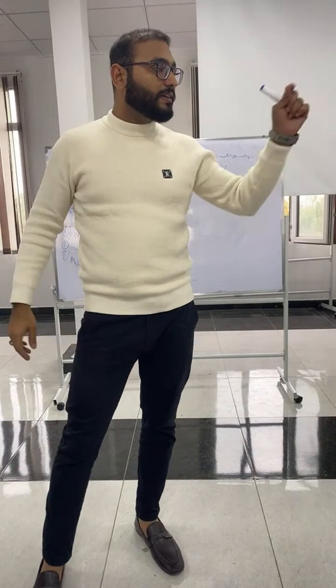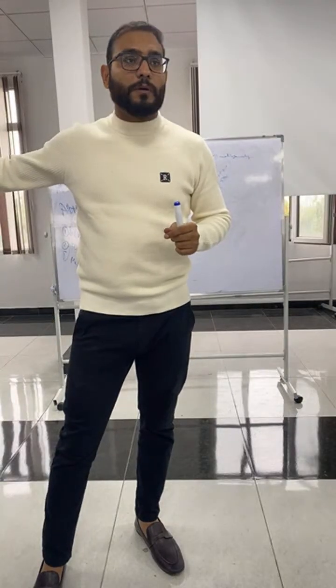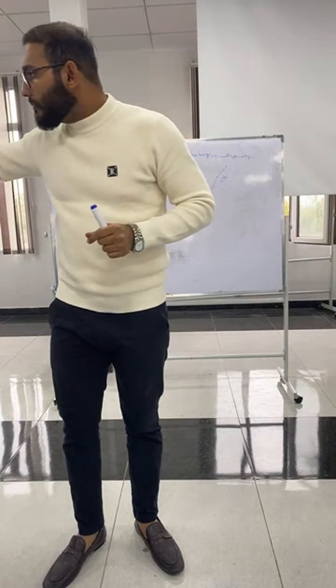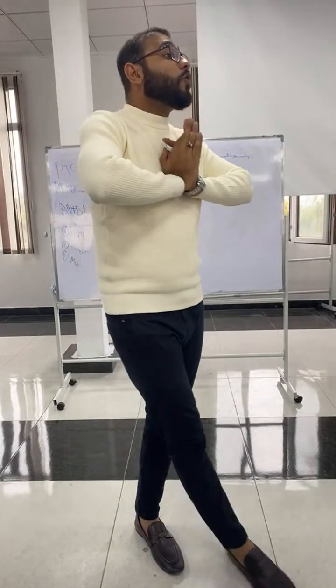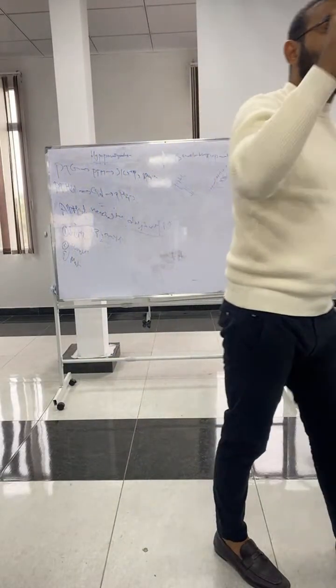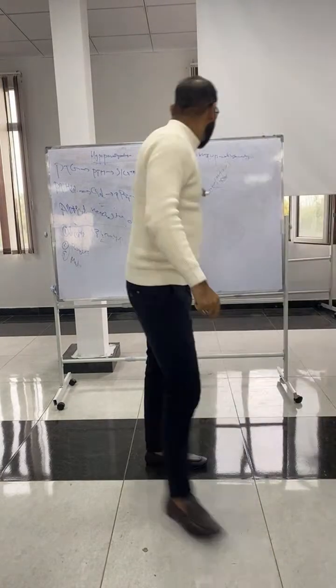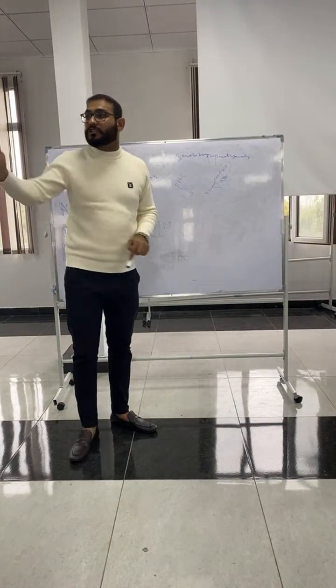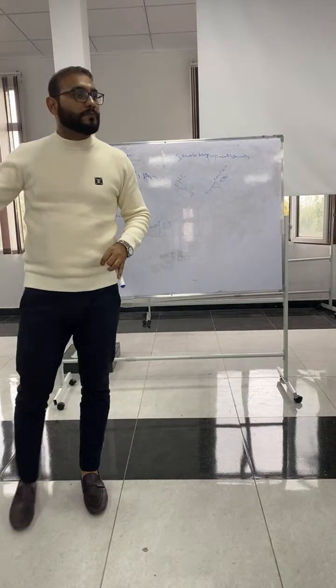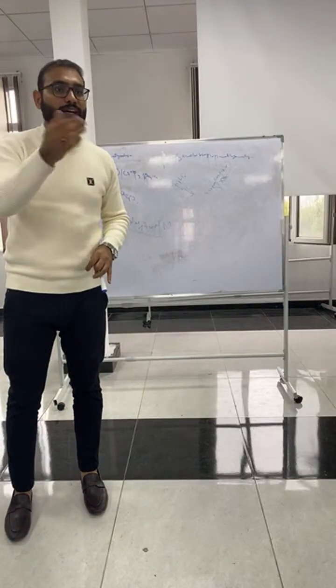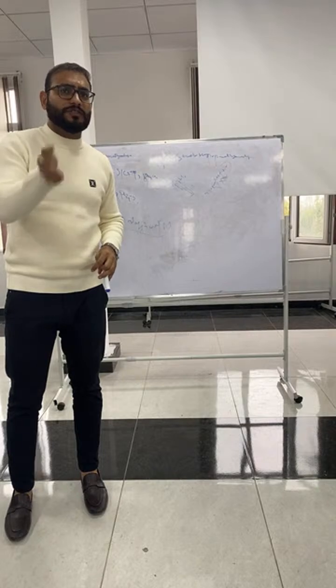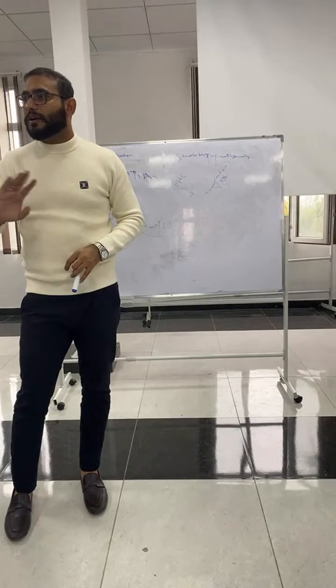Just imagine you have a key. The key is parathyroid hormone, but there is a problem in the lock. When you apply the key, it does not open. Why? There is a problem in the lock. The same is happening here in the receptor. When receptors are not working, parathyroid hormone comes again and again to the site of the receptor, but the receptors are not working.